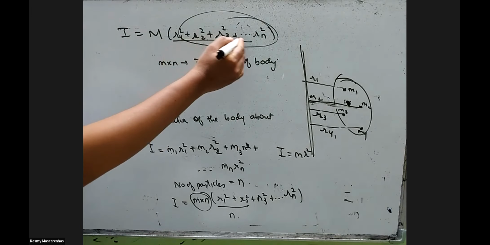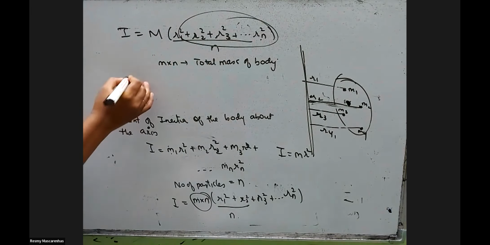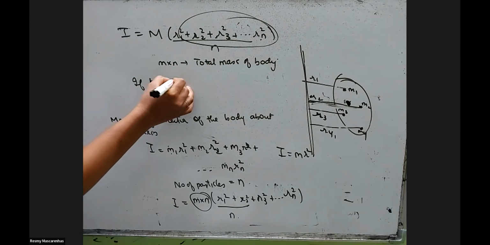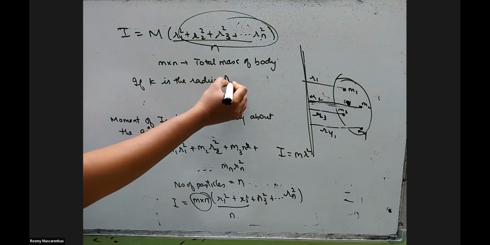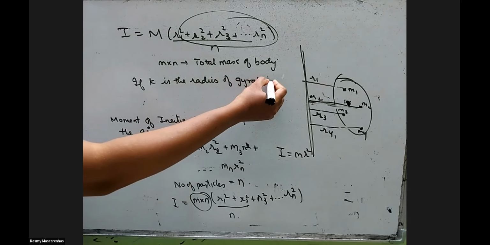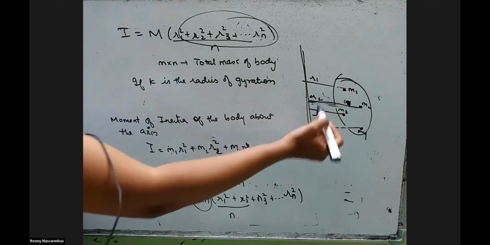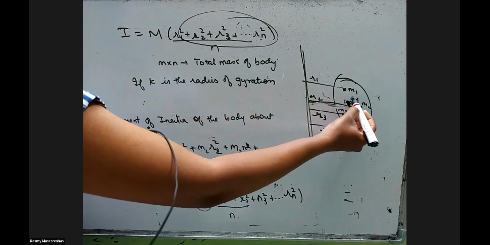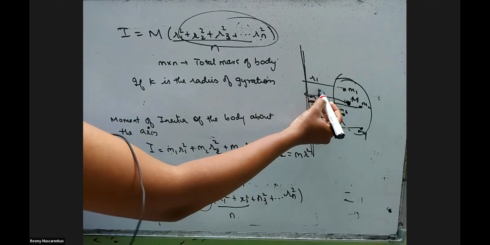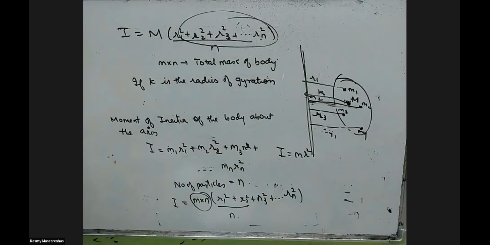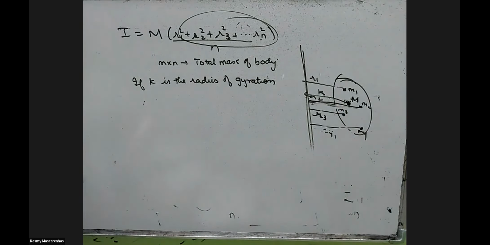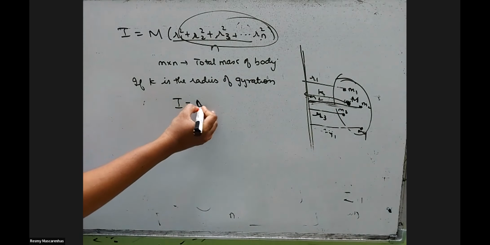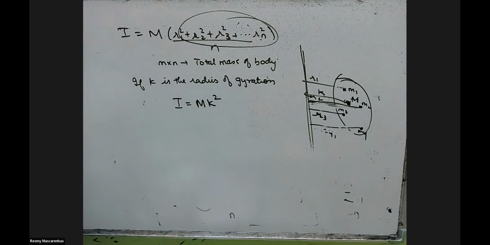So what is this? Nothing but the distance only. If K is the radius of gyration, from the main mass till here, I'm using the letter K instead of R. For radius of gyration, we just use the letter K instead of R. So then it's nothing but M K square.